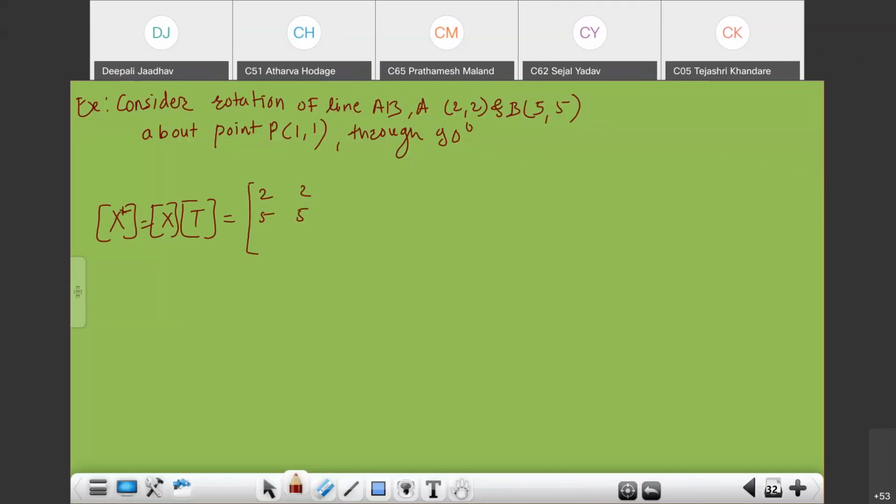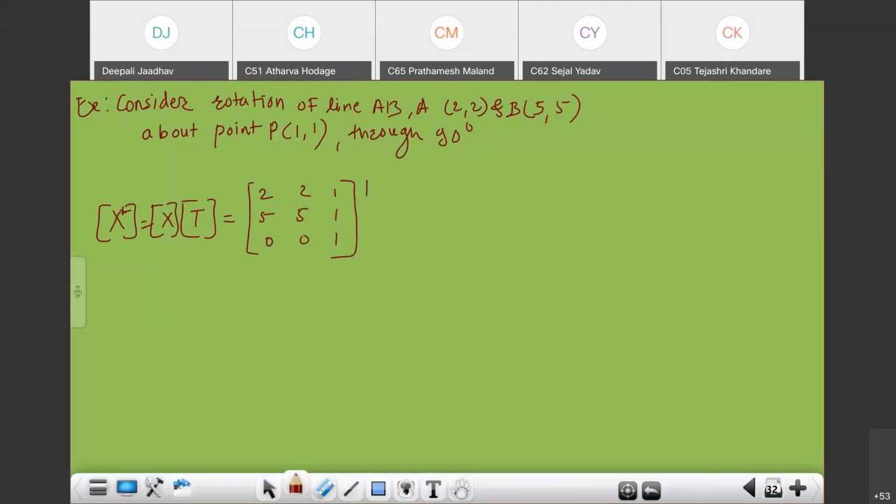Now, the transformation matrix is 3 by 3, so we need to add a column here. In this way, you can add. The last entry is 0, 0.